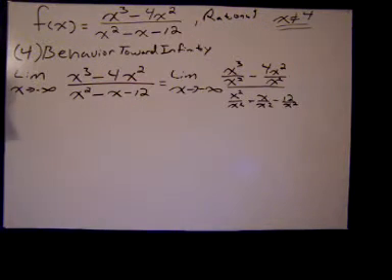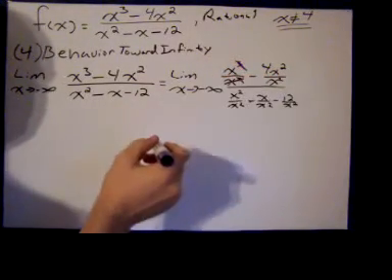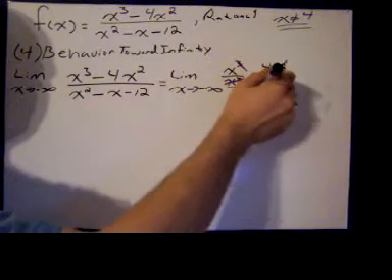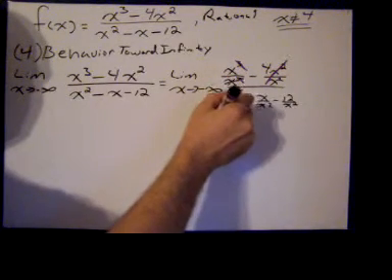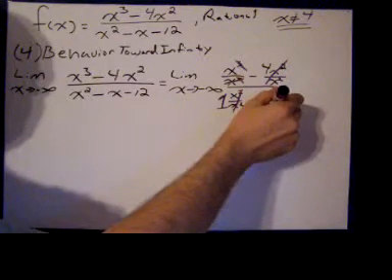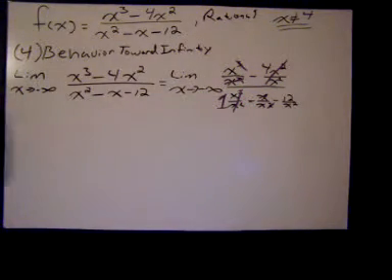With some cancellations and simplification, it looks a little bit cleaner. That goes away. We get an x right there. We get a negative 4 right there. We get a 1 right there. We get a 1 over x there. 12 over x squared remains.